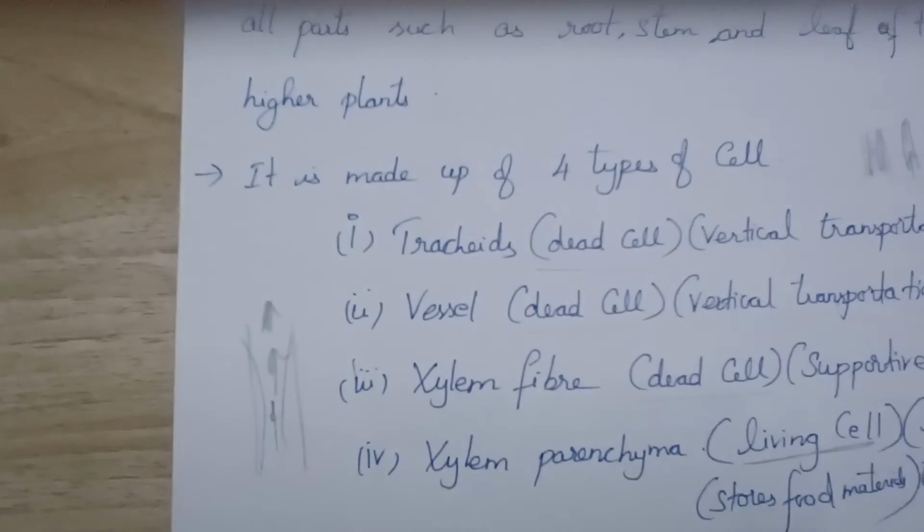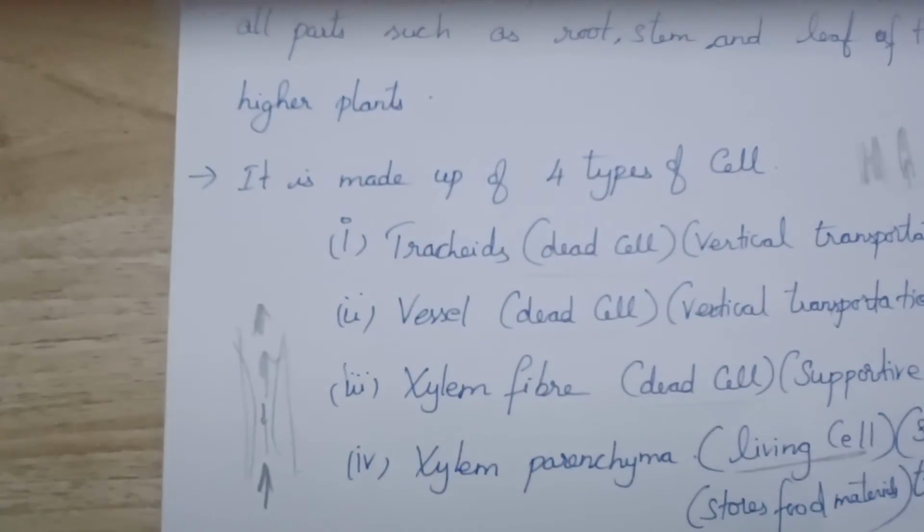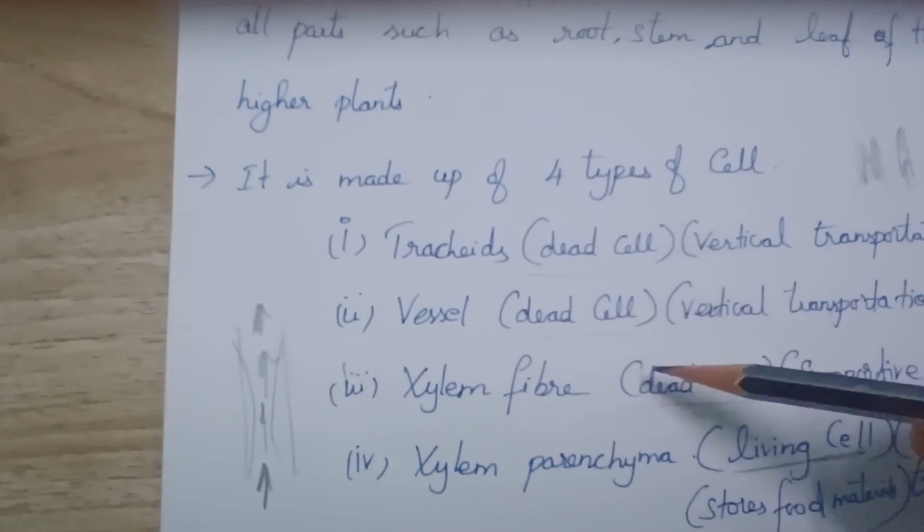Okay, and the continuous flow of water, because of the root pressure as well as the transpiration, makes the xylem tissue very strong. Okay, so it is a modified cell. It is meant only for transportation of water and minerals. Mostly it is made up of dead cells.